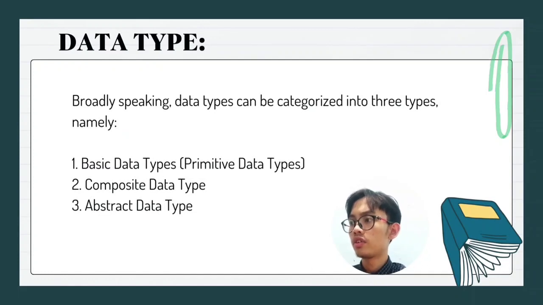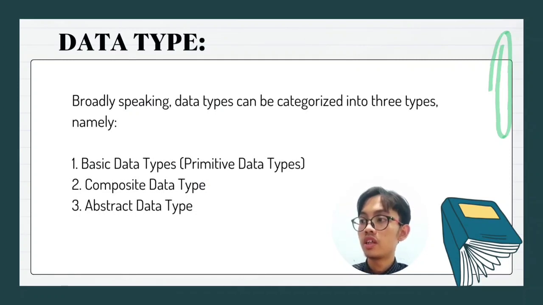The interface for ADT stack will include operations such as push, or adding an item to the top of the stack, pop, or removing an item from the top of the stack, and is empty, or checking if the stack is empty. Implementation of the ADT stack can use an array or linked list data structure.